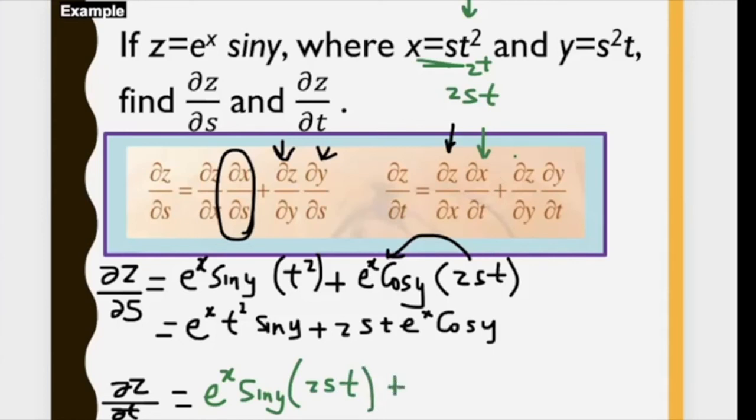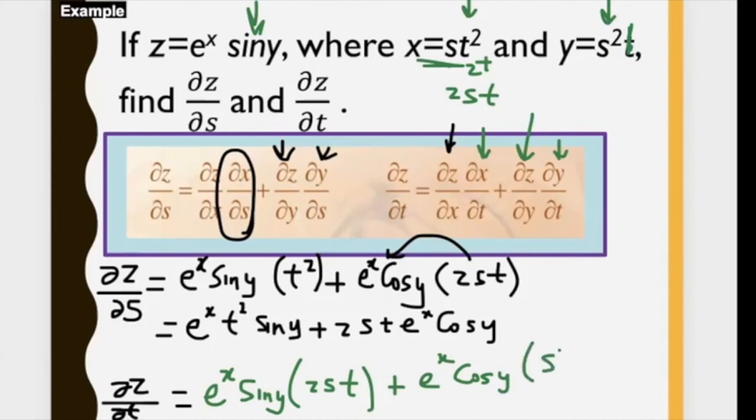Plus find the partial derivative of z with respect to y. So I differentiate sine y to get cos y. So I will have e to the x cos y. And the final part, differentiate y with respect to t. Looking at this, differentiating the t, this becomes 1. So this is s squared.